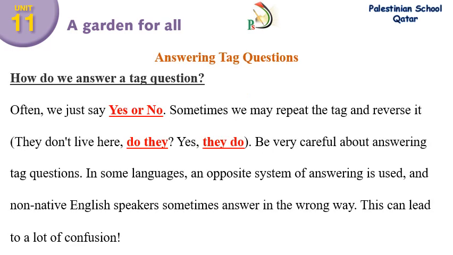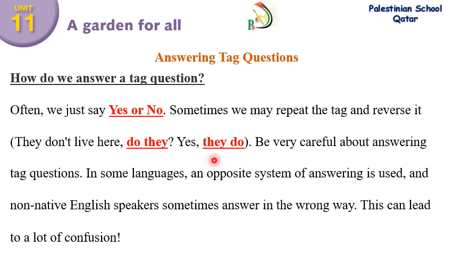How do we answer a tag question? Answering tag questions. It's very easy. Often we just say yes or no. Sometimes we may repeat the tag and reverse it. They don't live here. Do they?